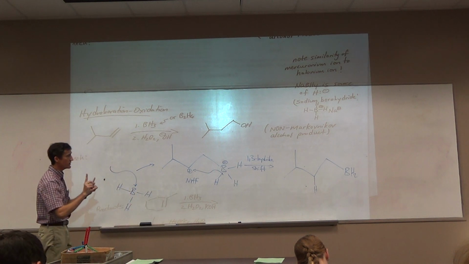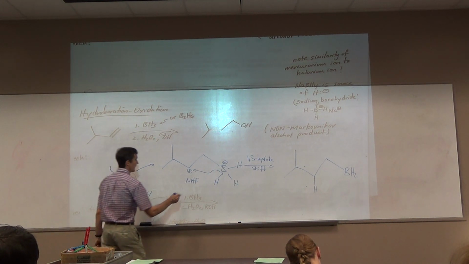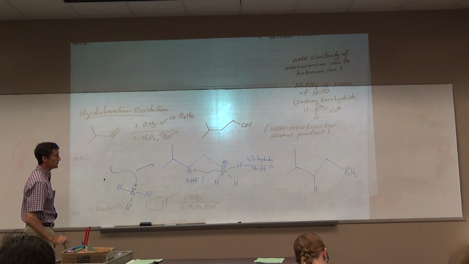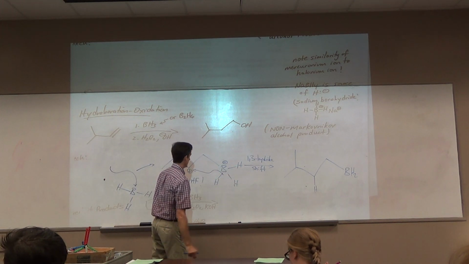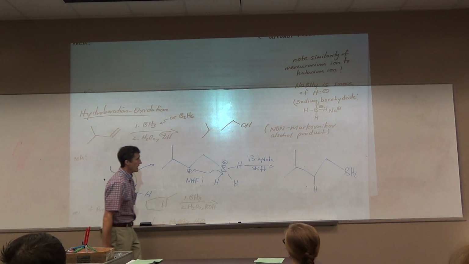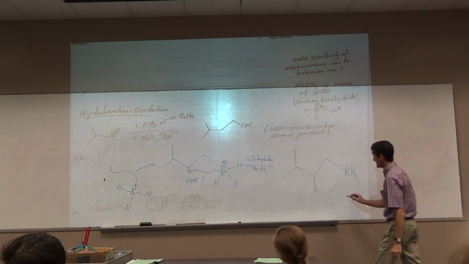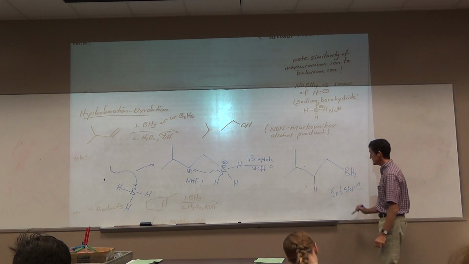But it's concerted. All right? Hopefully you got that. It's one transition state leading directly to this. And that's it. That's step 1. What have we done to the alkene?